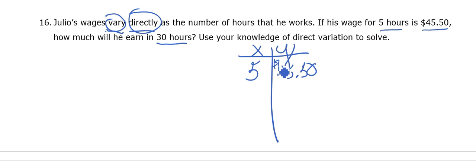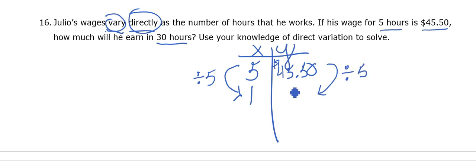Let's find our unit rate of 1 hour. So I'm going to take $45.50 and I'm going to divide it by 5 to get to 1. So 45.50 divided by 5 is 9.10. So he's earning 9.10 per hour. That's my unit rate.